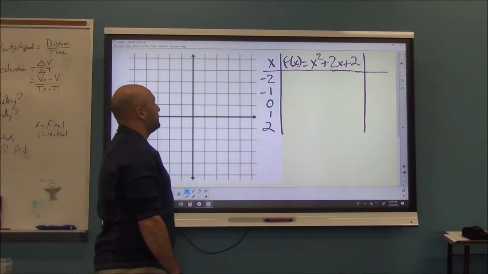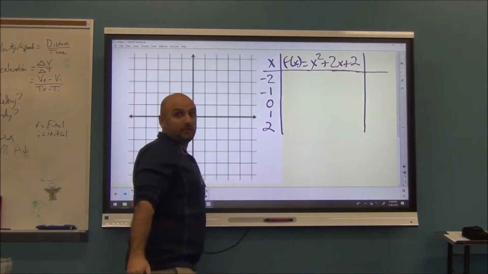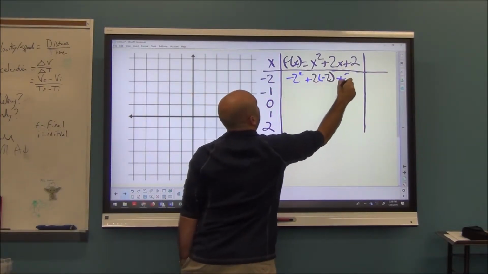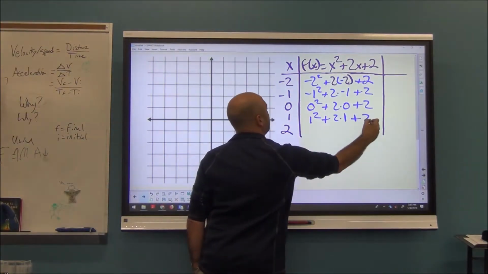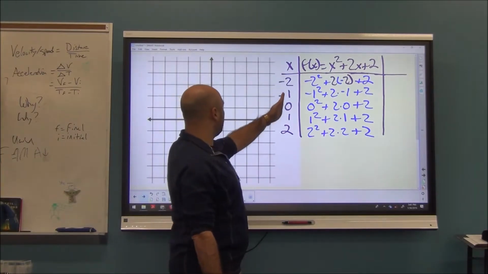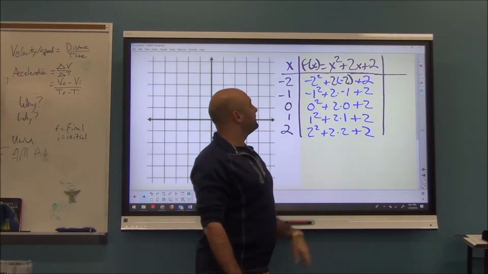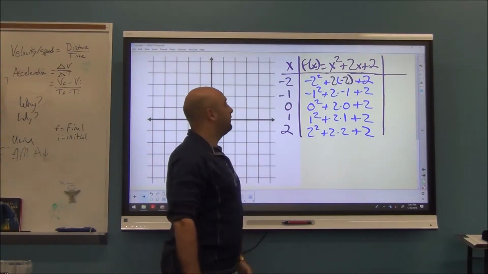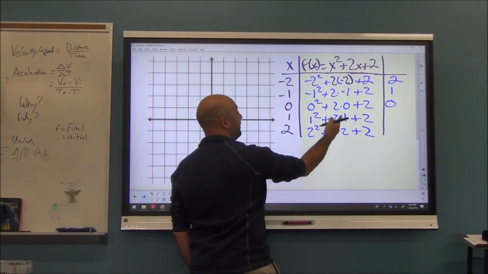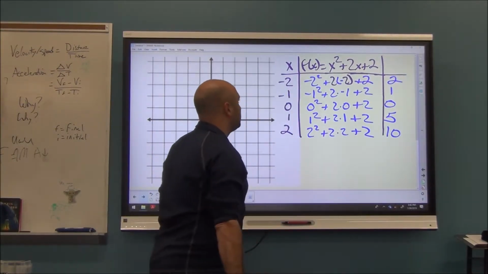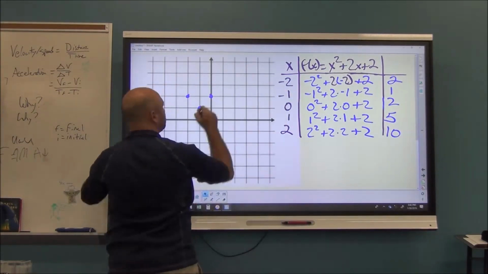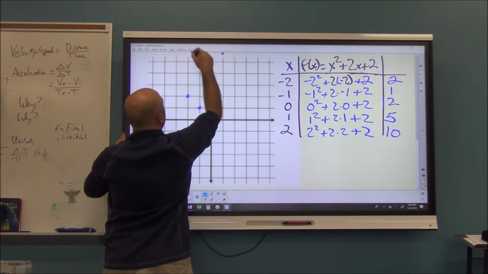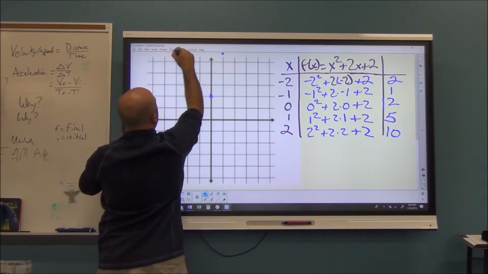Let's just try plugging some numbers in. I'm going to use these same numbers and see what happens. All I've done is plug in all of these x's for both of these x's in here, and I'm simply going to do the math. Now let's try graphing some of these points. One's somewhere up here, and of course the other one's somewhere up here.